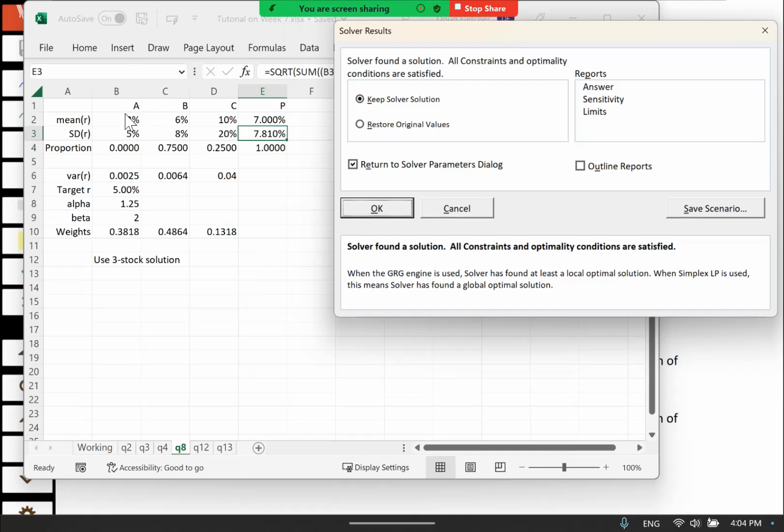And notice now asset A has dropped out of the picture entirely. And this is not a surprise because the target return of 7% is actually above the return on asset B. And so asset A with a mean return of 2% can't really make much contribution to that.